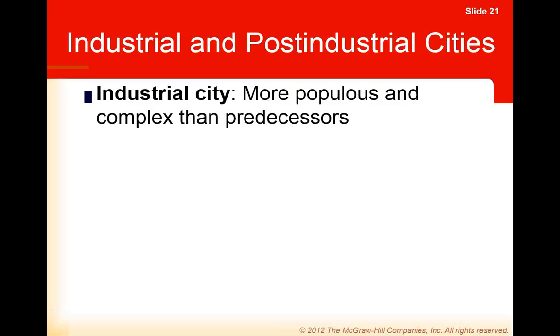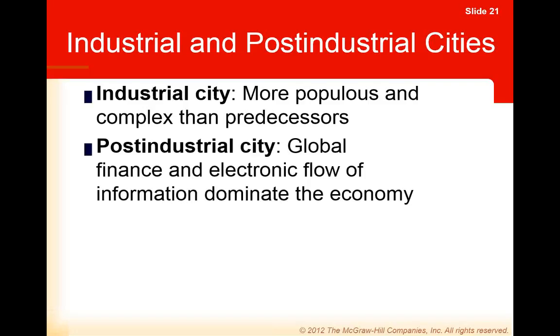So they're more populous and complex than predecessors. And finally, post-industrial cities, where we have global finance and electronic flow of information dominating the economy. And as you remember from the chapter on the economy, in post-industrial cities, the nature of work changes, the workforce changes.